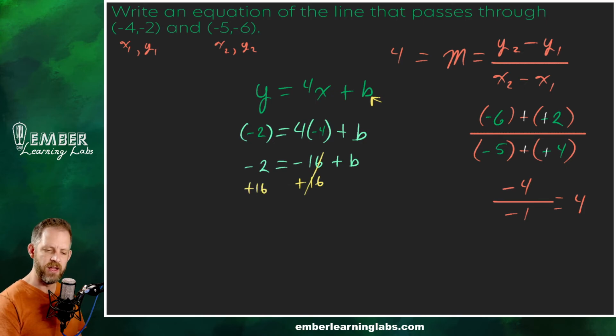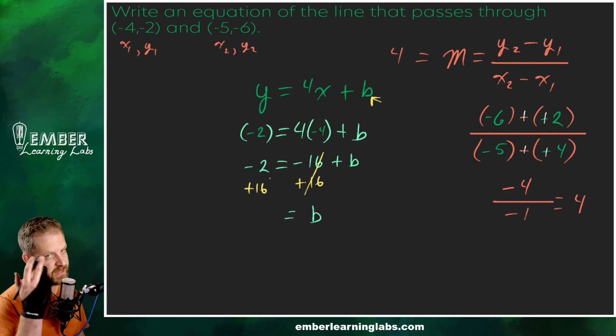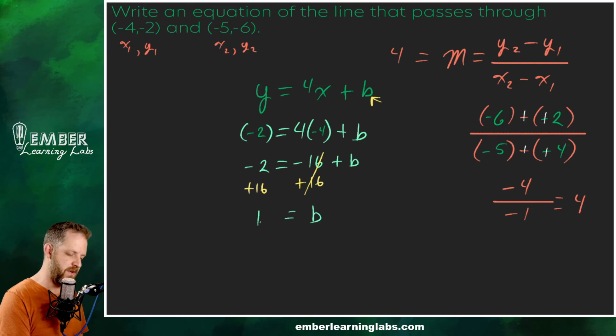Those cancel, leaving us with only a b equals negative 2 plus 16. Signs are different. Keep the sign of the bigger one. So positive 14. So the equation of our line, don't forget this last step, is y equals 4x plus 14.